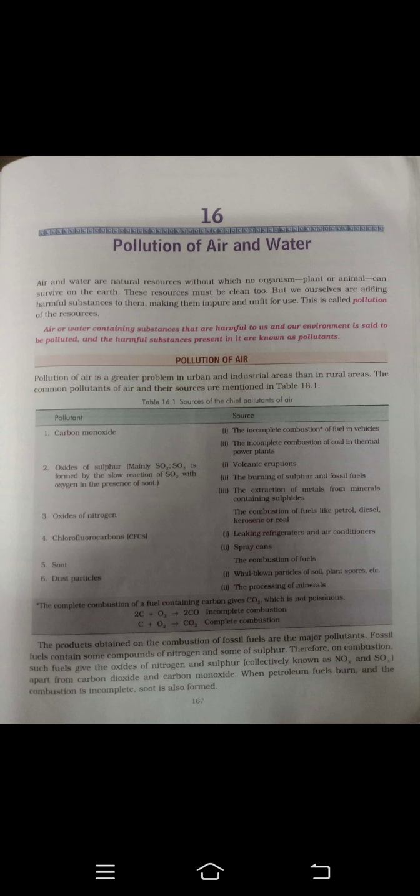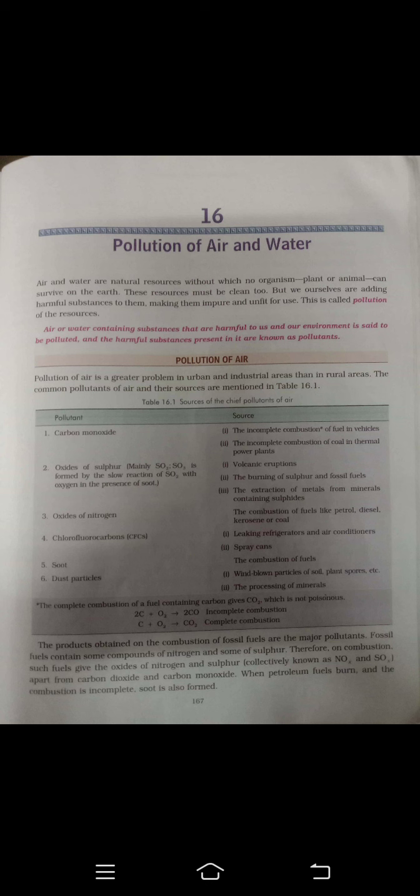The common pollutants of air and their sources are mentioned in table 16.1. So you can see here some chief pollutants of air and their sources. For example, carbon monoxide. From where do we obtain this carbon monoxide? The incomplete combustion of fuel in vehicles, the incomplete combustion of coal in thermal power plants. Even you can find the oxides of sulfur, mainly SO2 and SO3.